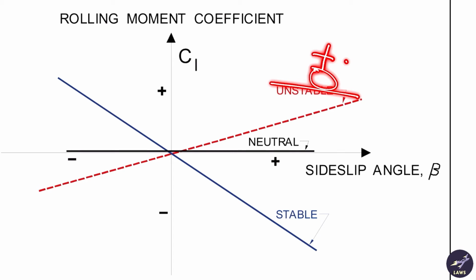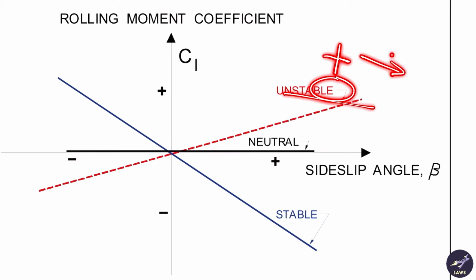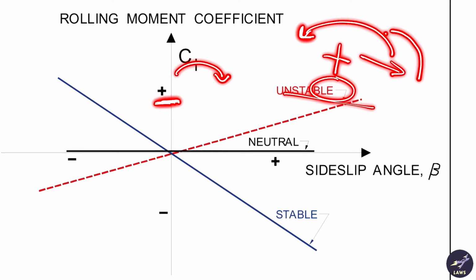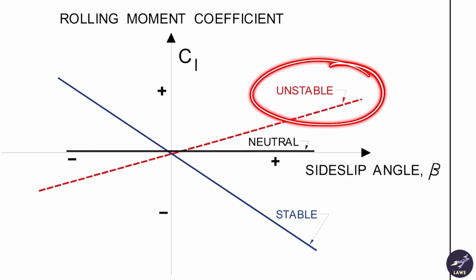So the aircraft is side slipping to the right. We need a left rolling moment in order to stabilize it. But in this case we are getting a positive rolling moment. Positive means right rolling moment, which will again take the aircraft further away from wings level. So this is an unstable condition here.